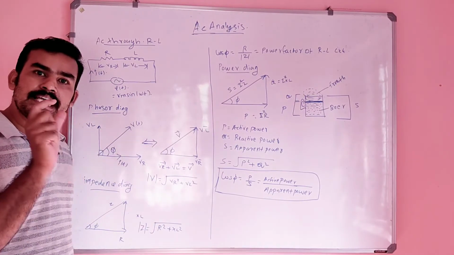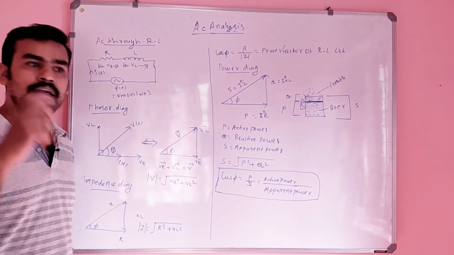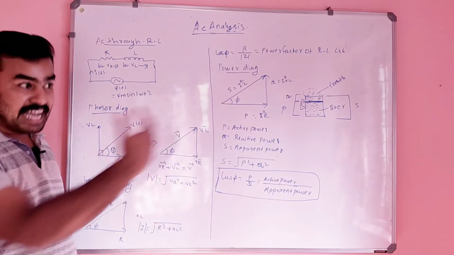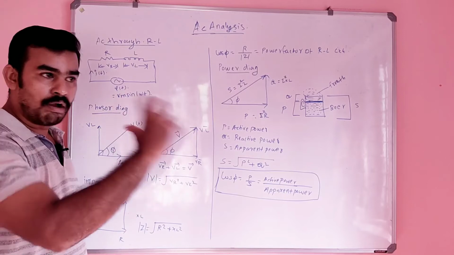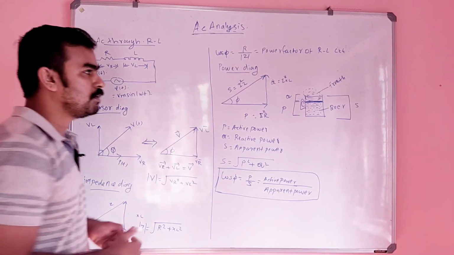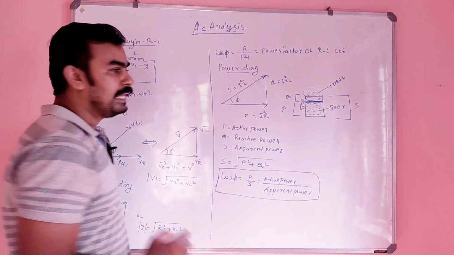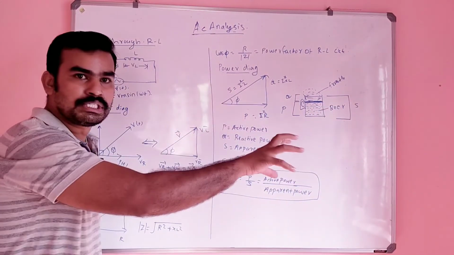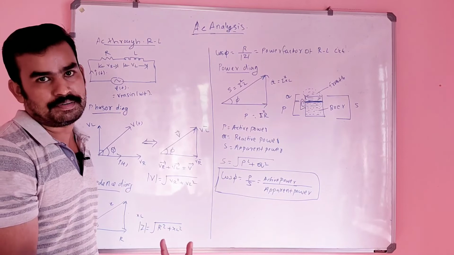But there is always some quantity of power which is not utilized as useful power. That power is called the reactive power. The total power that we injected into the circuit is called the apparent power.